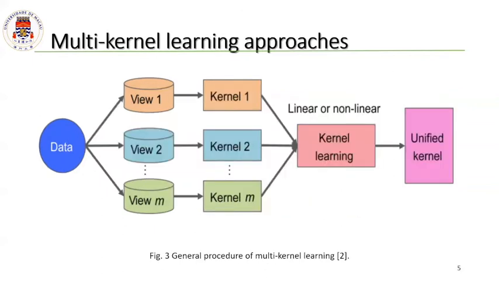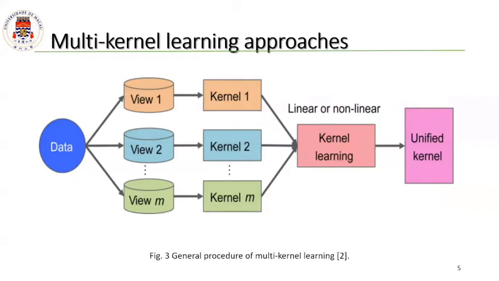As kernels in multi-kernel learning naturally correspond to different views, multi-kernel learning has been widely applied in order to deal with multi-view data. The general procedure of multi-kernel learning approaches is shown in Figure 3, where different predefined kernels are used to deal with different views.